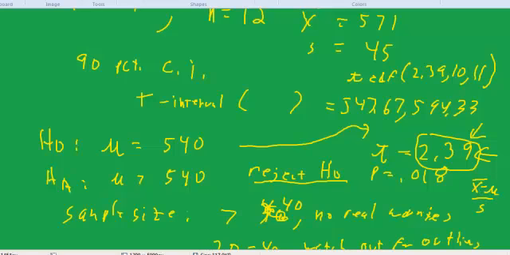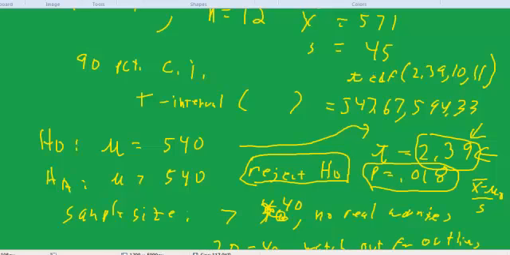That's our sample mean minus the null hypothesis mean over the standard error. And then the p-value was 0.018, and 0.018 is a small number, less than 0.05, so it's consistent with this notion that we reject the null hypothesis. So that's a low p-value.